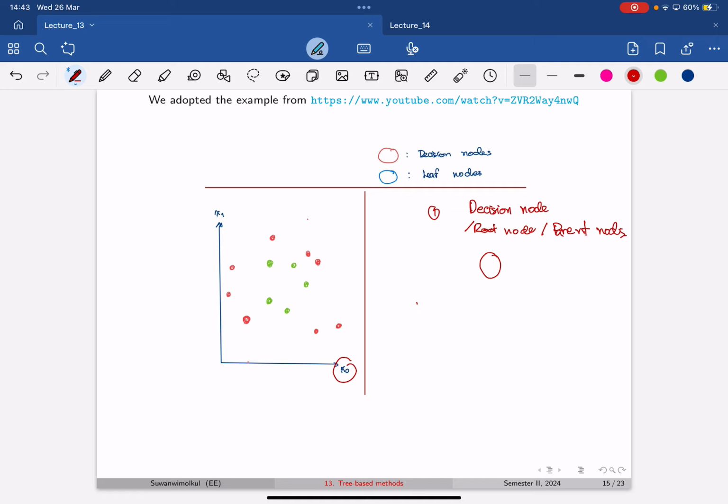For example, in this case, if I start sorting from 0 to maybe up here, some positive value like 20, and then as I sort from 0 to maybe 1, I get a group of data points belonging to one class already, that is the red class. That is when my decision node is able to set up the child nodes. One is a left child node, the other is a right child node, because one is on the left side and the other is on the right side.